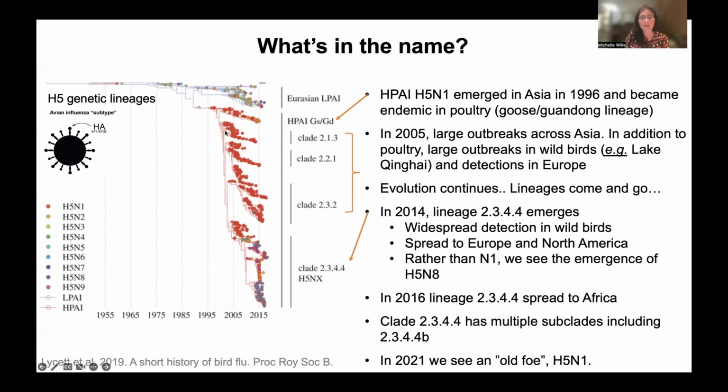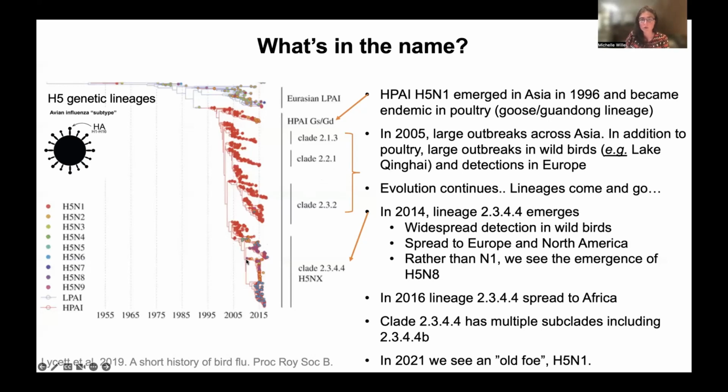Through time, this lineage has evolved and diversified, which you can see here in this tree, sort of through these little subclusters. And over time, we've tried to find a way to track these clusters and give them names that are useful to us. And so what has resulted are these really long number and sub-number schemes. So 2.1.3 and 2.2.1, for example.